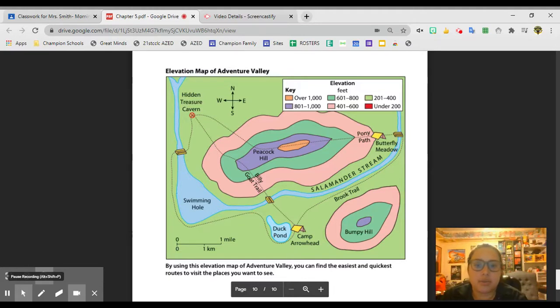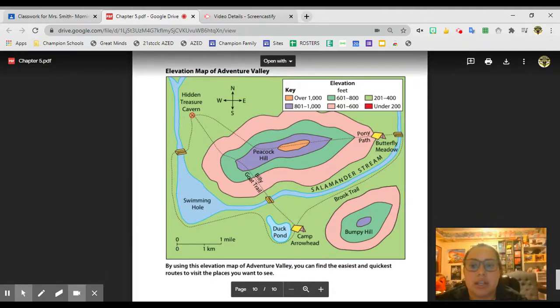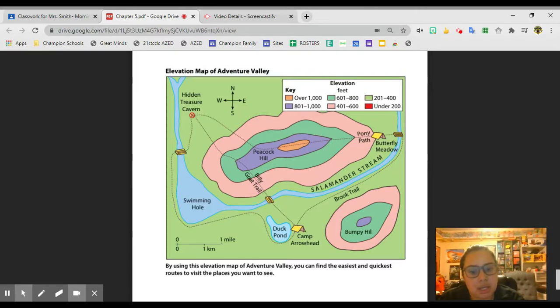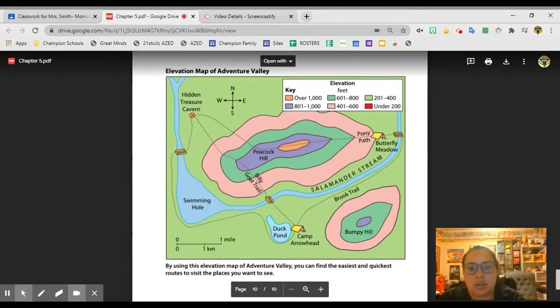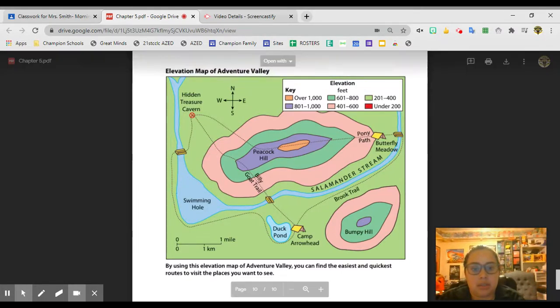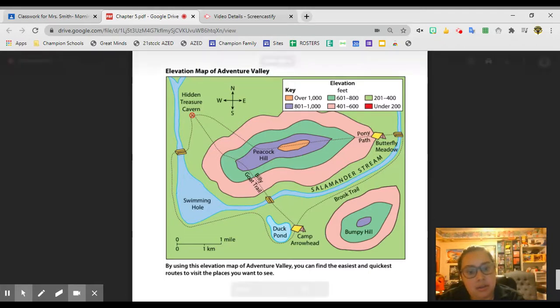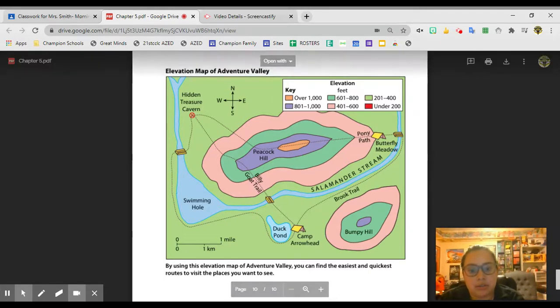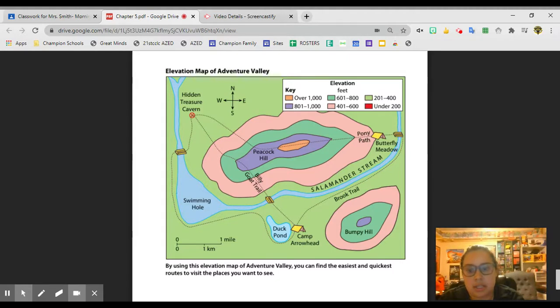Okay, so we are looking at the elevation map of Adventure Valley. We start at Butterfly Meadow, and we want to get to the Hidden Treasure Cavern. Now, we can start by going through Pony Path. We can take Brook Trail, which will take us around.